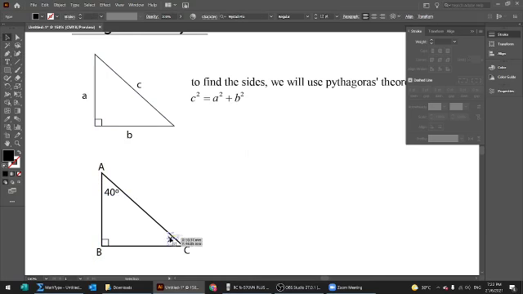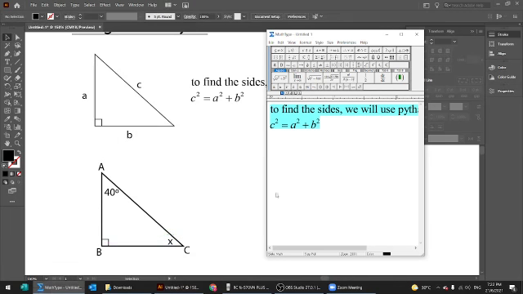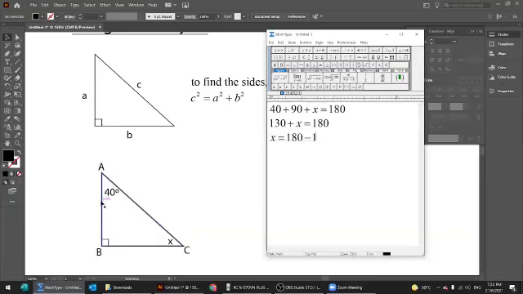How do you calculate it? Why would you use SOHCAHTOA? I want to find the angle. We know that the angles inside a triangle add up to 180. So 40 plus 90 plus x equals 180. Therefore 130 plus x equals 180, so x equals 180 minus 130, which is 50 degrees.